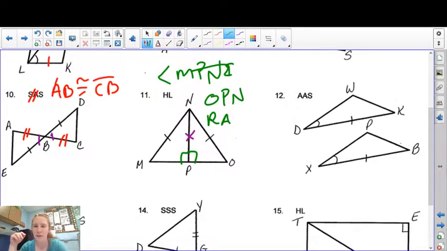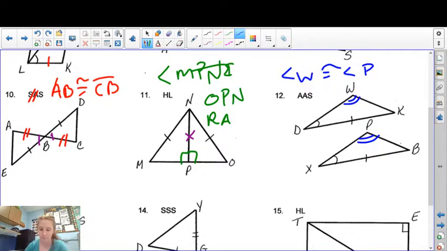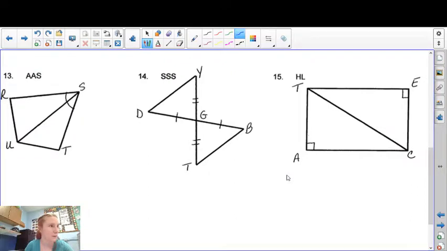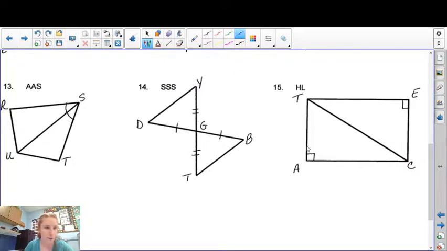I need another angle for this next one. I need to go angle, angle, side. I already have the side, I have an angle, so I need to go backwards. So I need W. And I need P, so I need to know that angle W is congruent to angle P. I am on my face, so extendo pago.